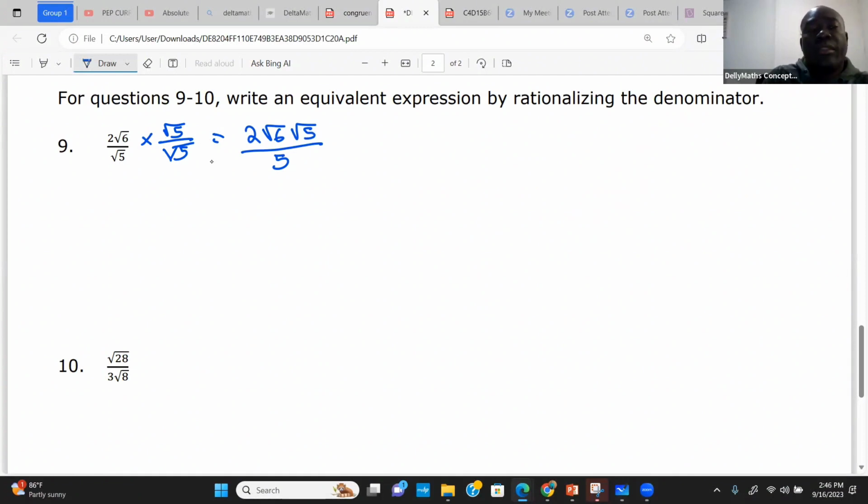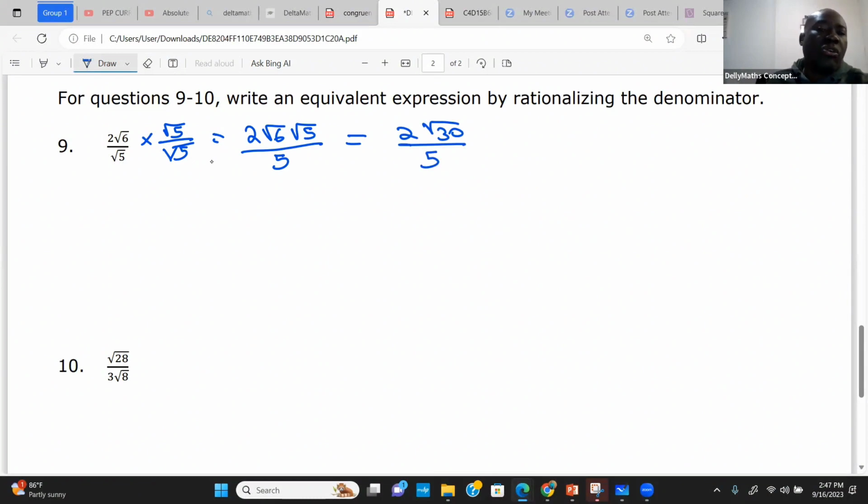Now, with this said, how do we get the 5? If you multiply the root of 5 times the root of 5, it does give back 5, right? We did that with the root of 13 times the root of 13. In that case, we got 13. So this is 5. Technically, this is an okay response, as well as if I break this further, it could be 2 root 30 over 5, right?